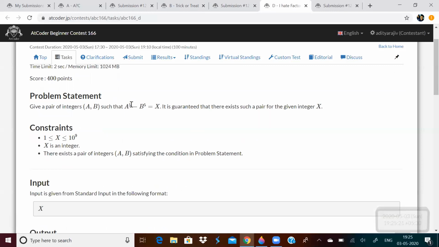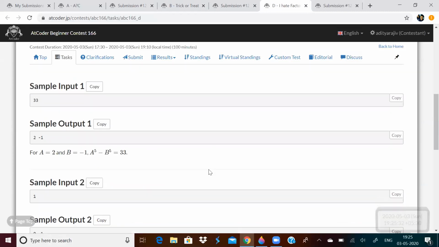So first of all, looking at power 5, we might think we have a chance of getting TLE because X can be large. Just look at the test case examples. If input X is 33, the answer is 2 and minus 1. Or it can also be 1 and minus 2.